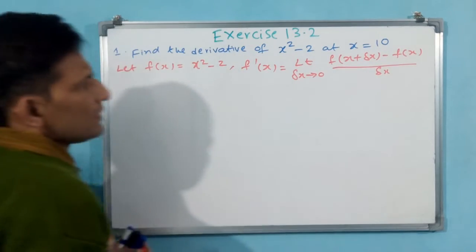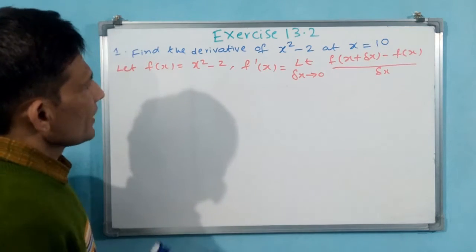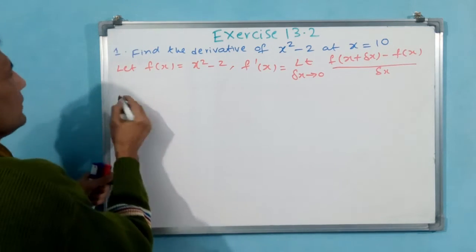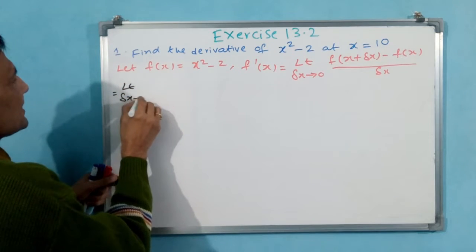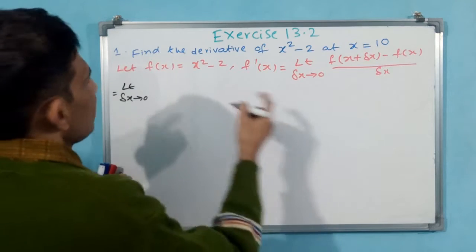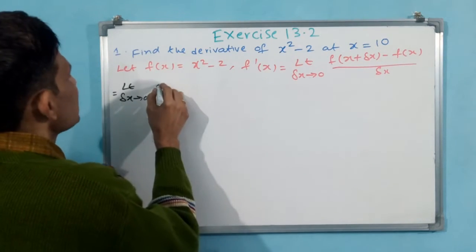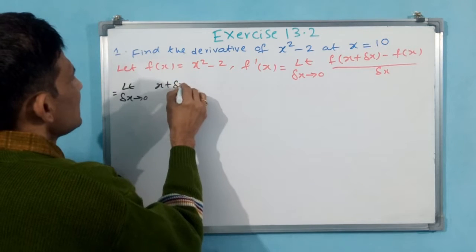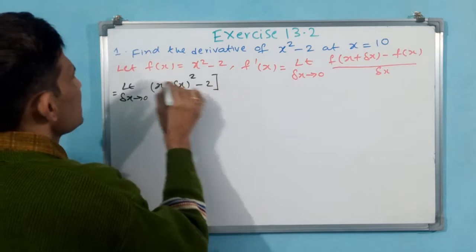This is the formula, and we will substitute in this formula now. That is equal to limit delta x tends to 0. f of x plus delta x means, in x you have to write x plus delta x, whole square minus 2. This is f of x plus delta x.